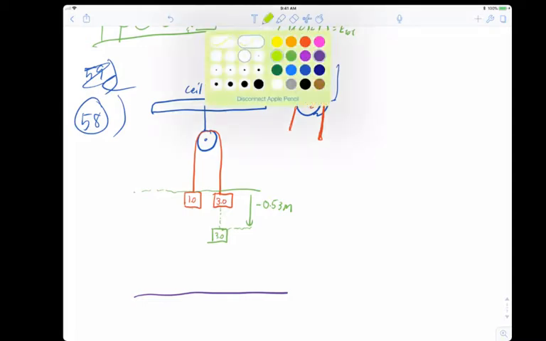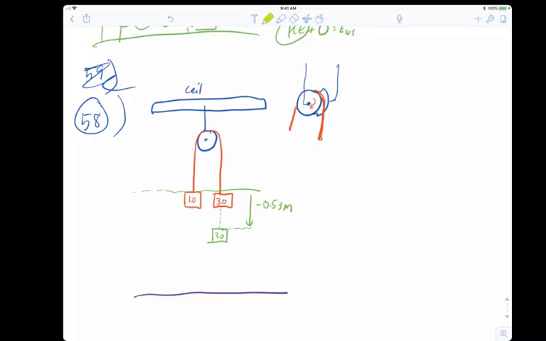Okay, so how has the energy of the system, 1 kilogram, 3 kilogram, Earth, how has that changed? Well, this is pretty fun, cause, dig it.